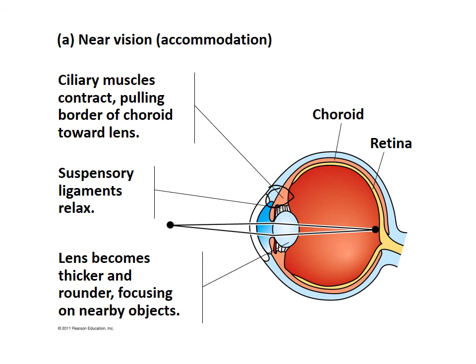So for near vision, the ciliary muscles are supposed to contract, and the ligaments that suspend the lens are supposed to relax, and the lens becomes thicker, and you're able to focus on things that are nearby.